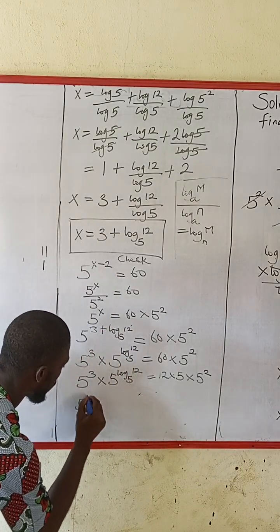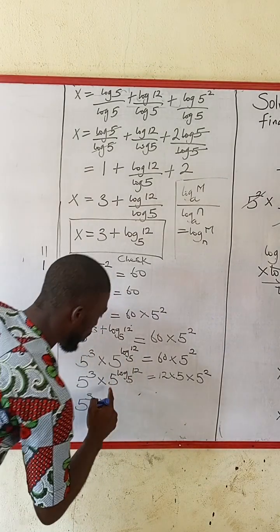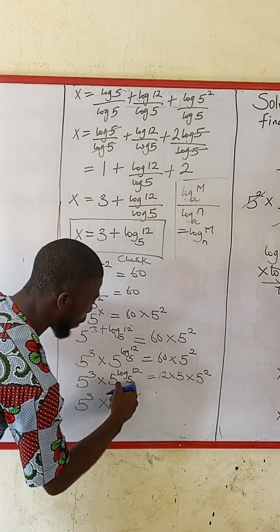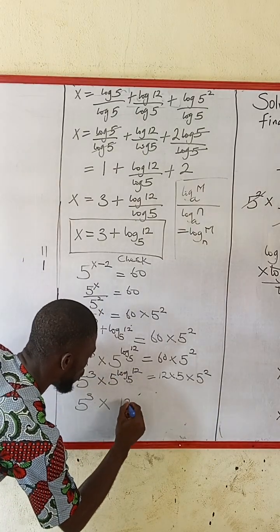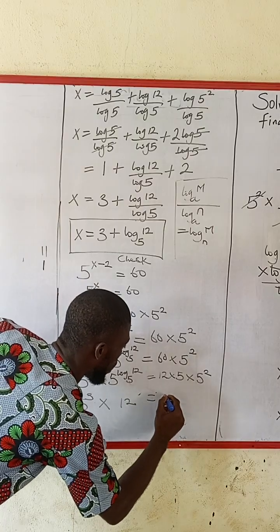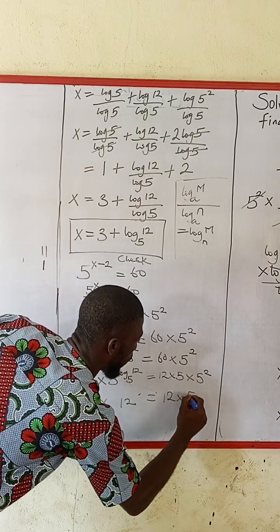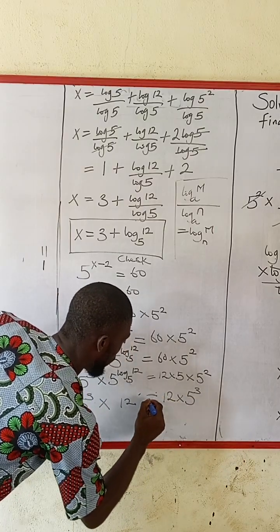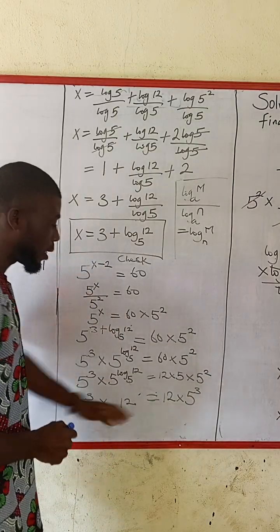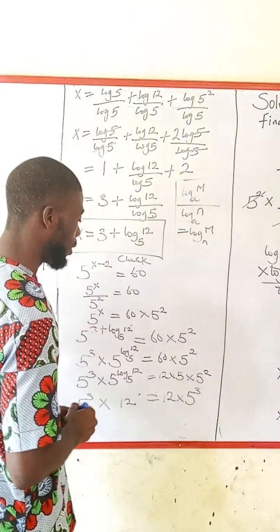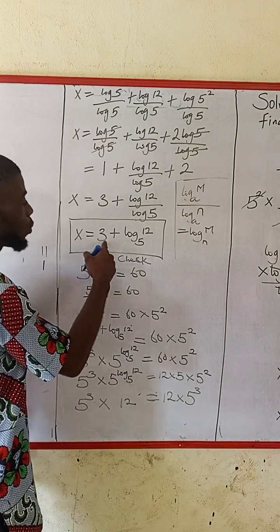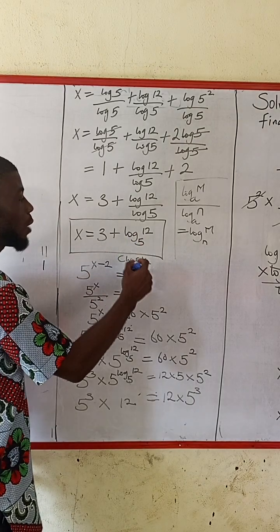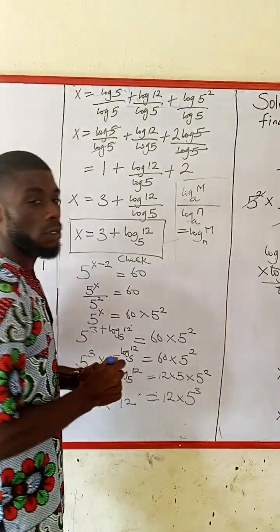This will be 5 raised to the power of 3 times 5 raised to the power of log base 5 of 12, which gives us 12, which is equal to 12 times 5 raised to the power of 3. If you look at this, you notice that the left hand side and the right hand side are the same thing. Therefore, s equal to 3 plus log base 5 of 12 satisfies the equation. Thank you.